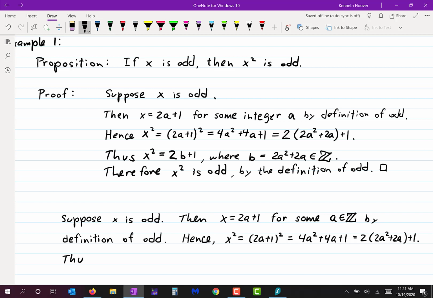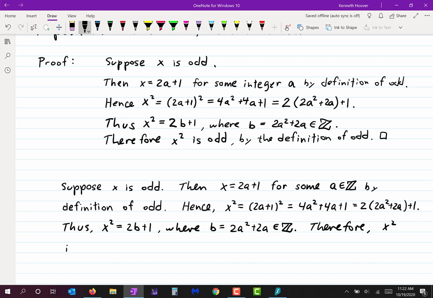Thus, x squared equals 2b plus 1, where b equals 2a squared plus 2a, which is an integer. Therefore, x squared is odd, by definition of odd.